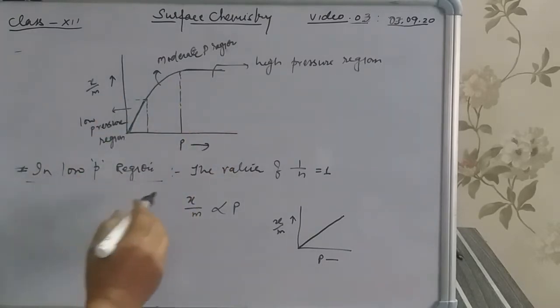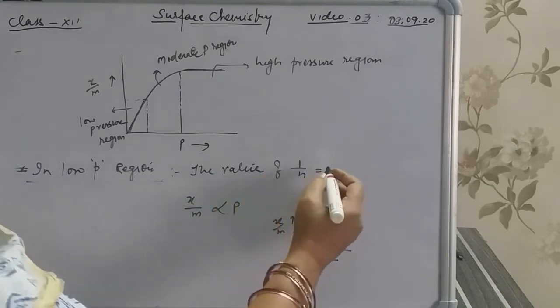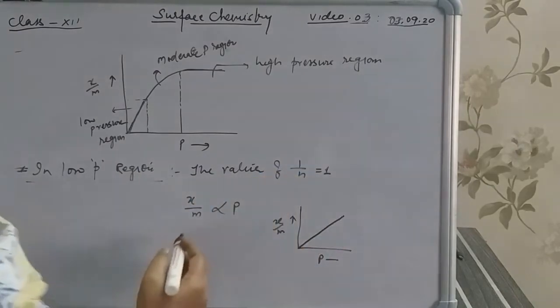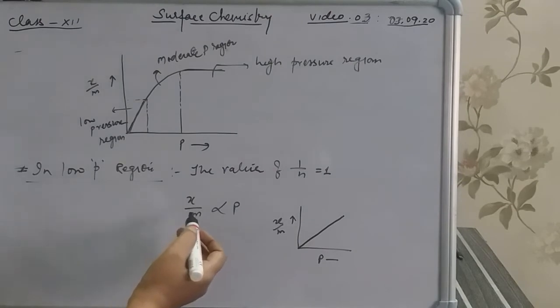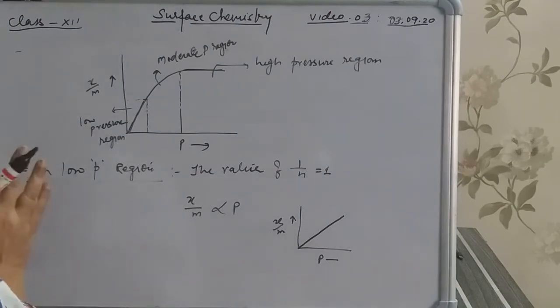In the low pressure region, the value of 1 by n equals 1, and he proposed that the amount of adsorption is directly proportional to the pressure.